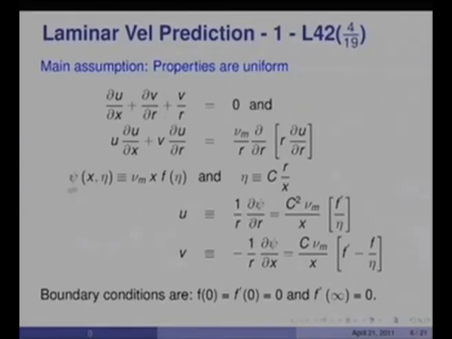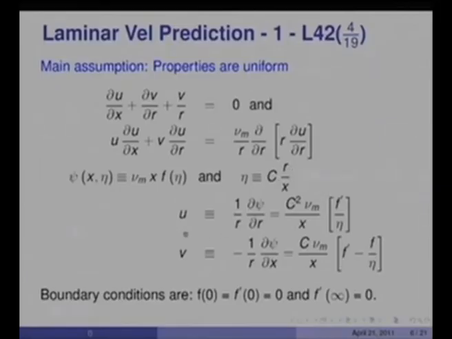Now, again we can solve these two equations by the similarity method, where we define a stream function psi(x, eta) equal to nu times f(eta), and eta equal to c times r by x.